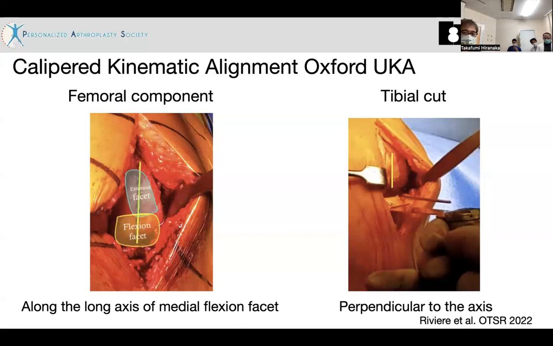Furthermore, cutting perpendicular to the longitudinal axis of the flexion facet is not always accurate, because there is no device, only visual identification of the particular lines. So I think it is not for everyone, only for the skilled surgeon.